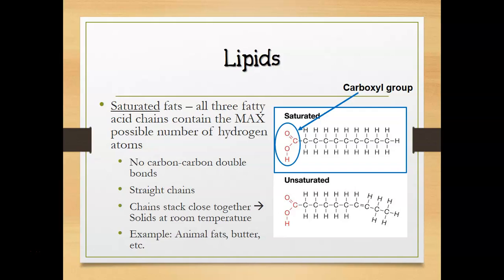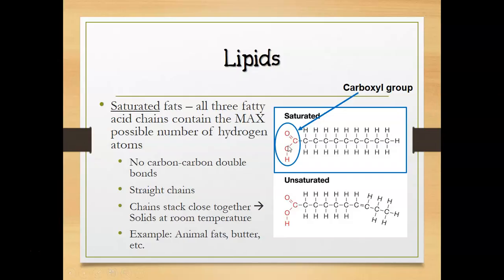So if I'm dealing with a saturated hydrocarbon, or in this case specifically a saturated fat, then that means that carbon-to-carbon chain is maxed out with the maximum number of hydrogens possible. So in order for that to work, all of those carbon-to-carbon bonds have to be singles, right?